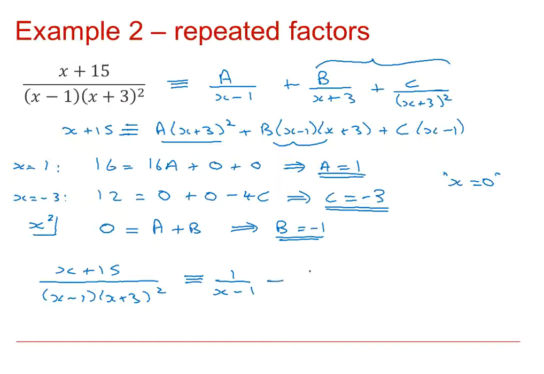I'm just going to write minus 1 over x plus 3, and again c over x plus 3 squared is just minus 3 over x plus 3 squared. Again, this is ready to be integrated if necessary and would be easier to integrate.